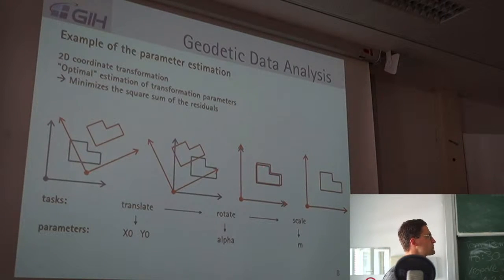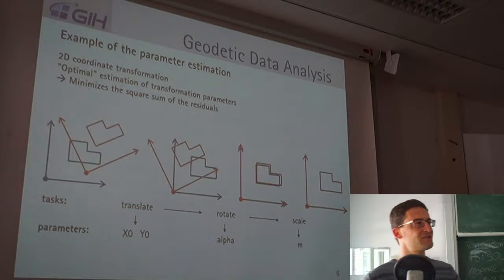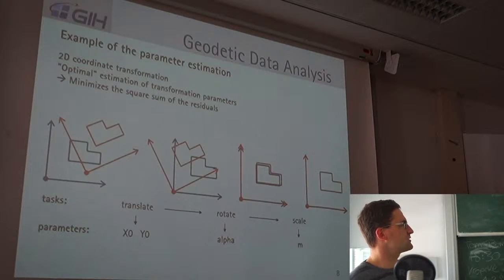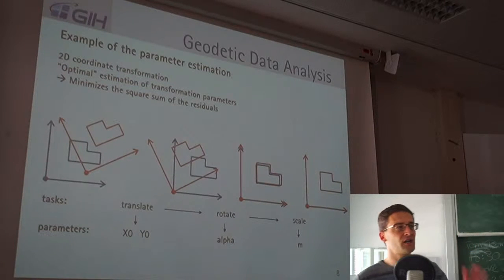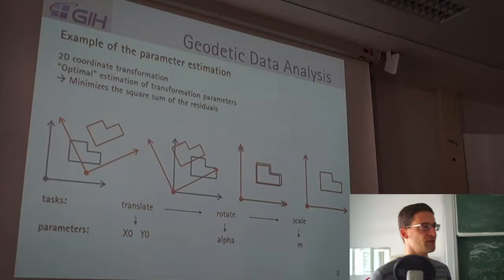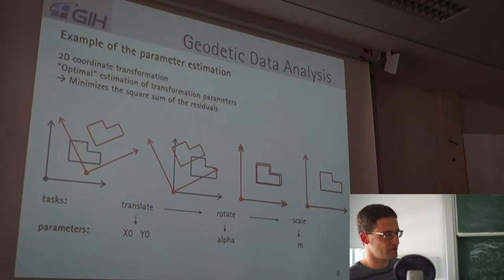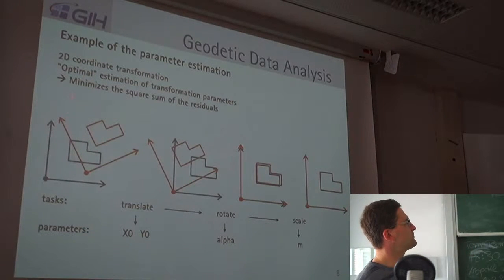Afterwards, we need also a rotation, what you see here. And you see it is nearly perfect. We have it transformed to the final coordinate system, but we need some scaling, which is the fourth unknown parameter, and afterwards we have this result. We have a good transformation. We want to have it optimal, so we're gonna minimize it.